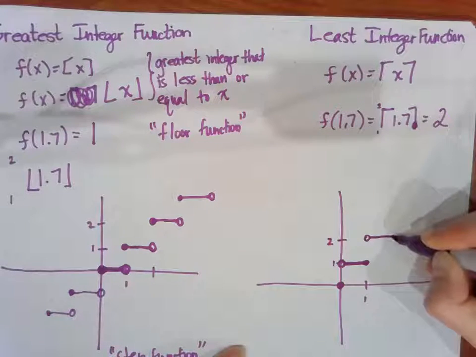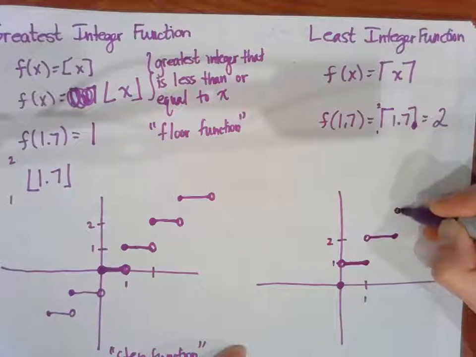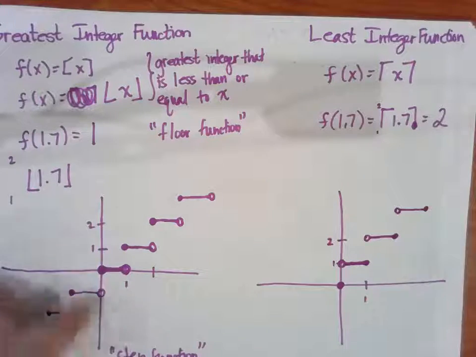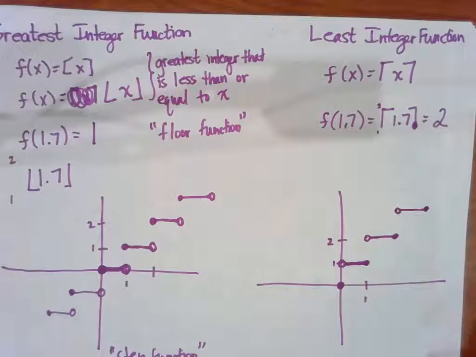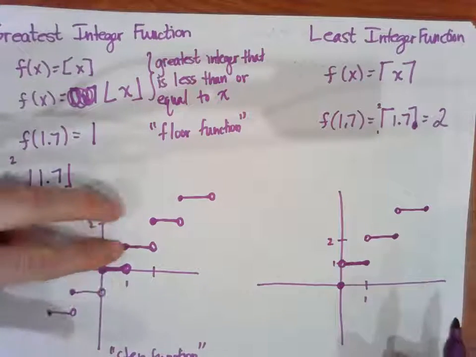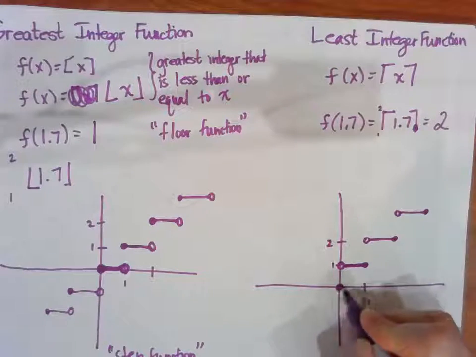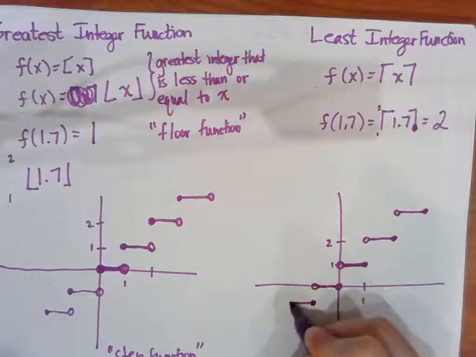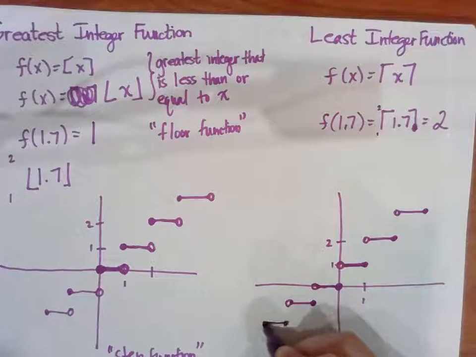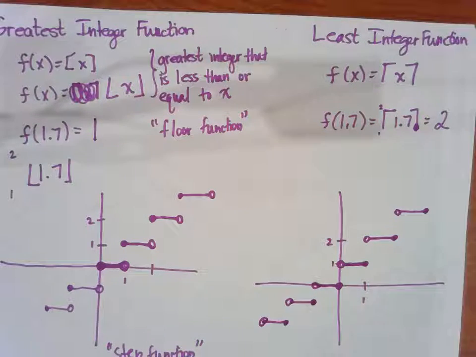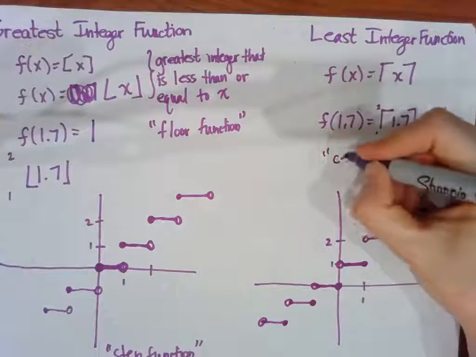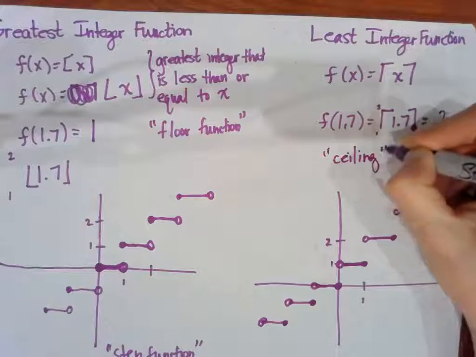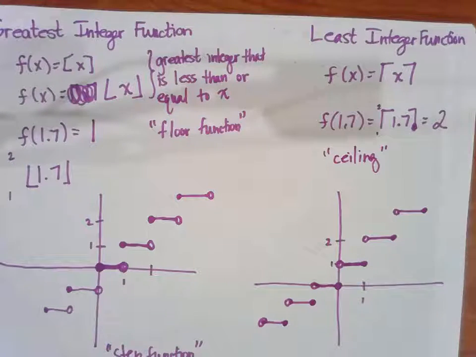So it looks fairly similar, but you can see the open holes are on different sides, and the steps are up one from these ones. So these least integer and greatest integer functions, the ceiling and the floor, are step functions.